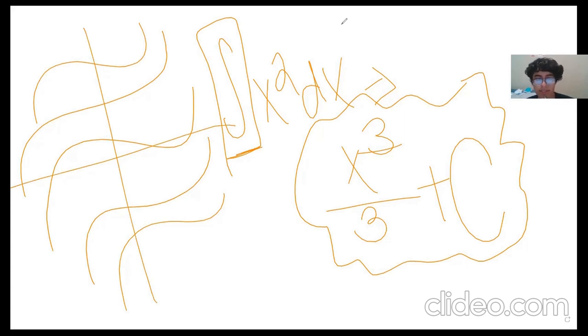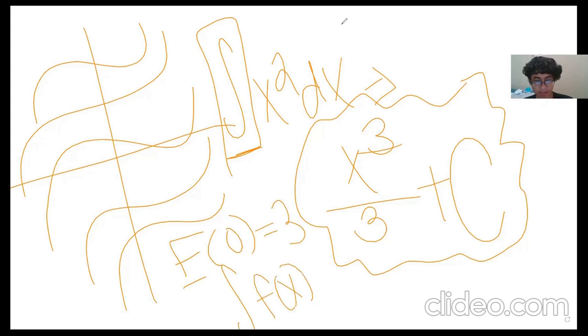And you don't know what exactly the constant is unless you have an initial value problem where they say, by the way, f of 0 equals 3. The integral of lowercase f of x, notationally, gives you this uppercase F of x.